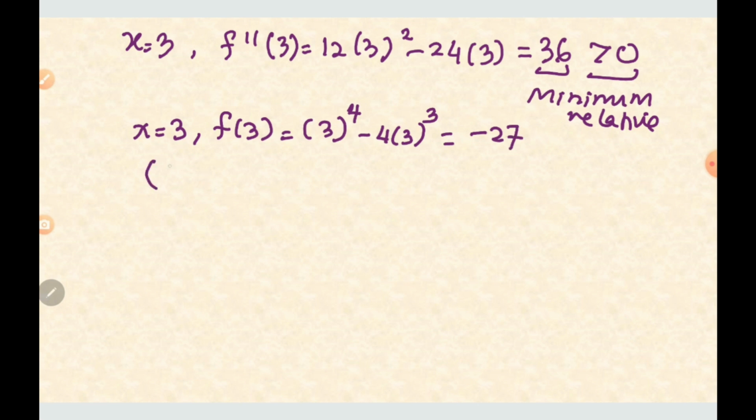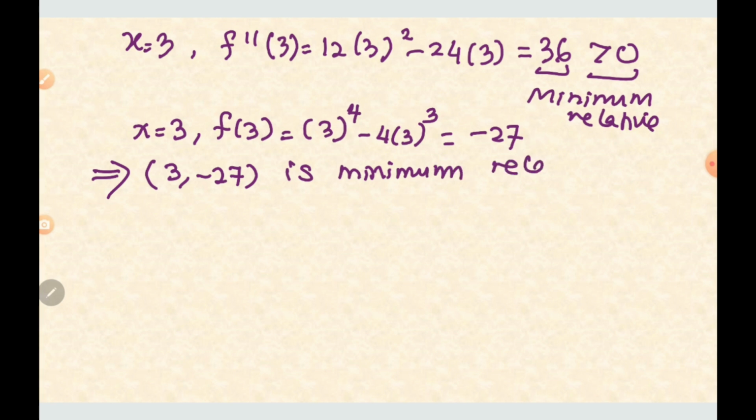So we can say that at 3, negative 27, the result is a relative minimum. Okay.